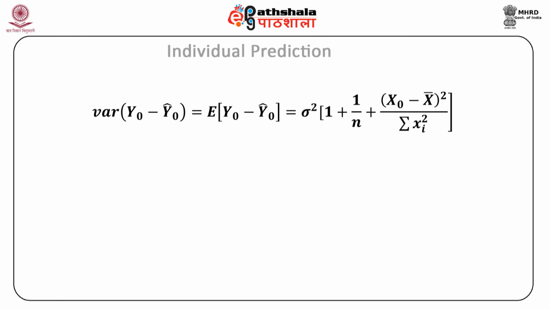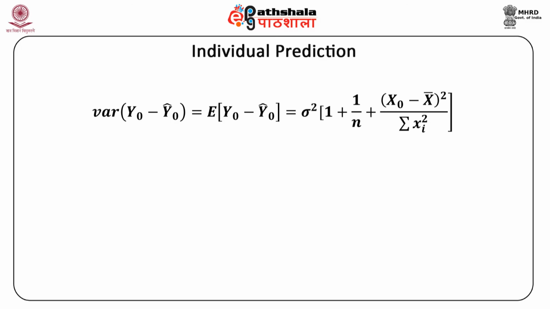The variance of y0 minus y0 hat is equal to the expected value of (y0 minus y0 hat) squared, and this on simplification comes out to be sigma square into 1 plus 1 by n plus (x0 minus x bar) square divided by sigma xi square. Let me clarify, the x in the numerator is capital X, whereas the x in the denominator is small x, which is the deviation of x from the mean.